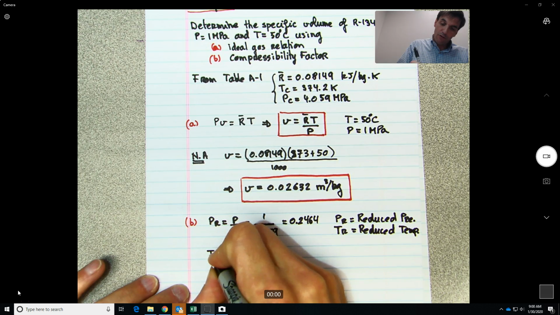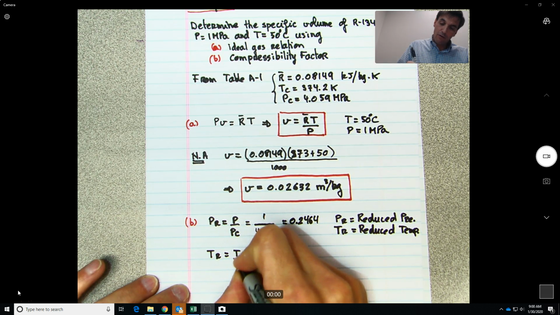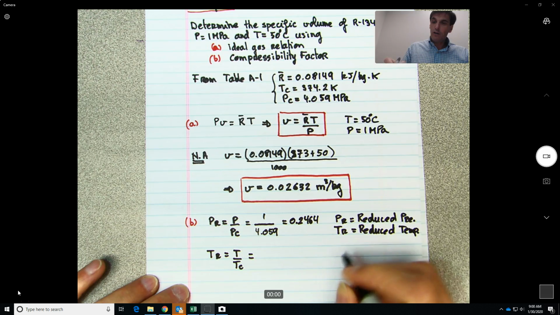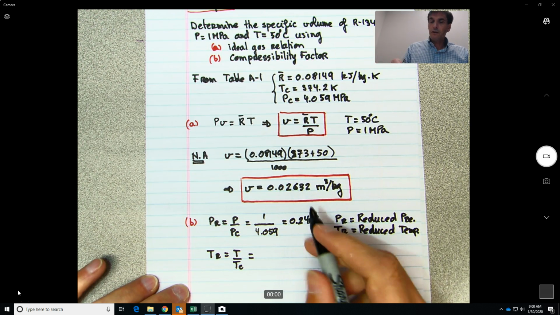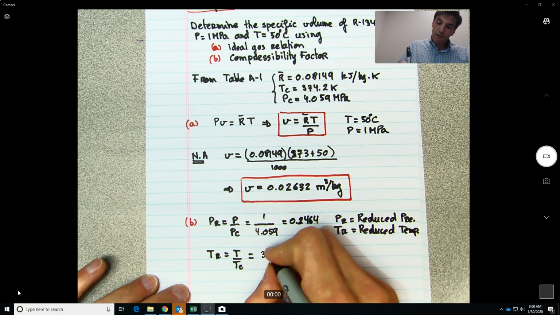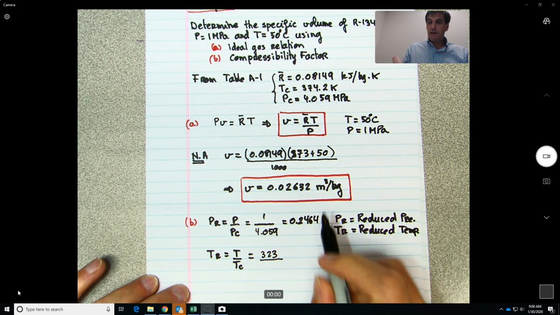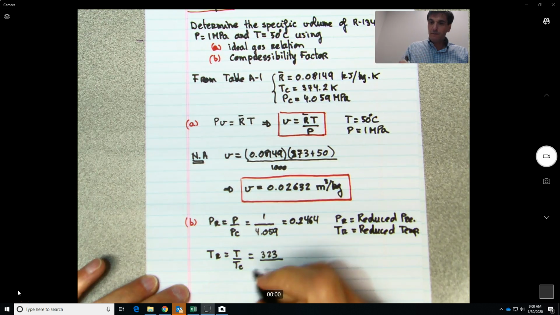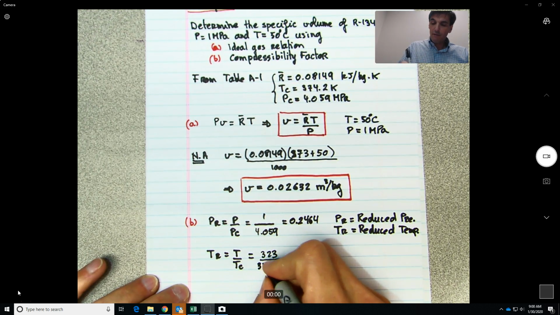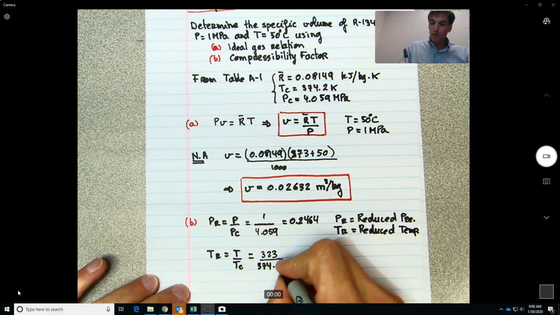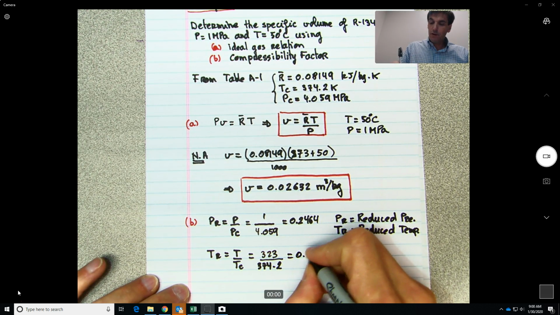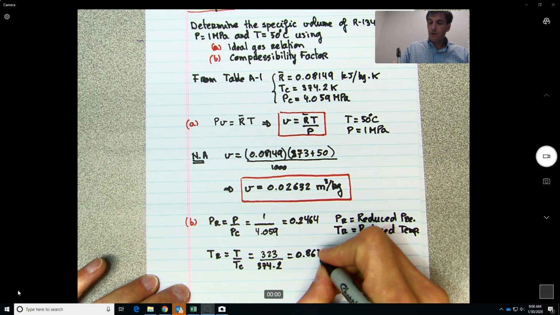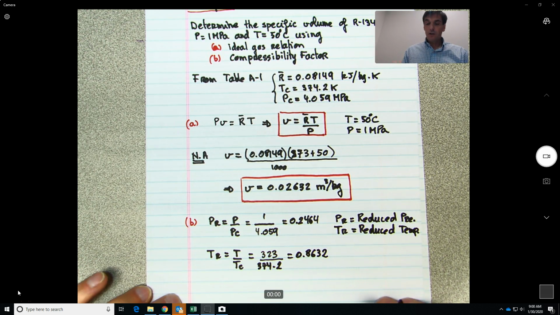And the reduced temperature is T over T critical, which is 50 plus 273, which is 323, divided by T critical, 374.2. That gives us 0.8632.